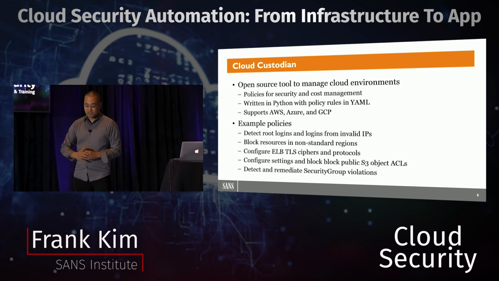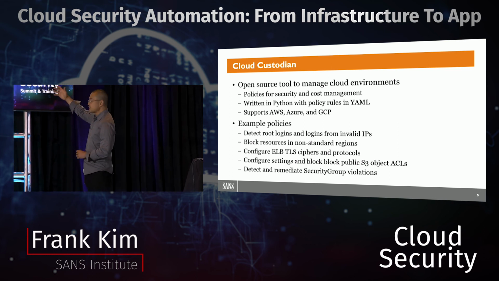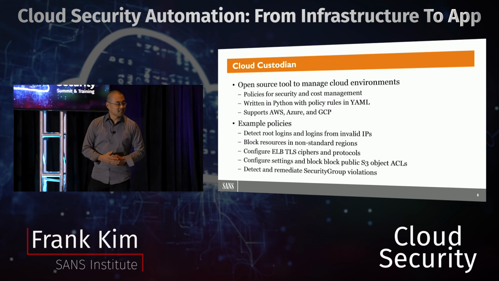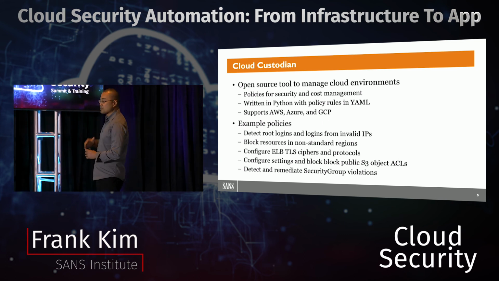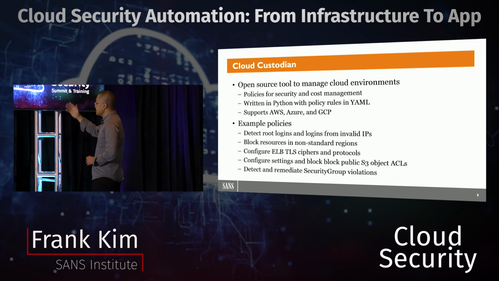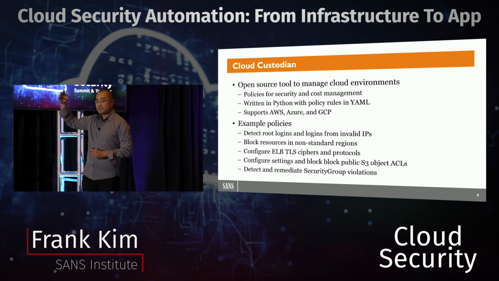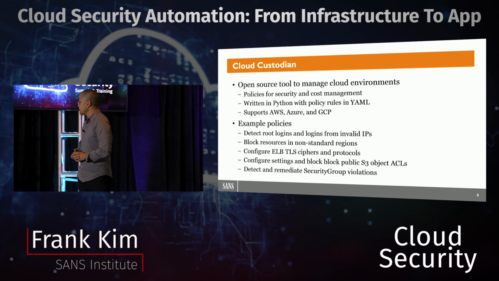Number 3, configuring your ELB, your Elastic Load Balancer, to make sure that it is using certain specific TLS, transport layer security ciphers and protocols, configuring specific settings to what Will mentioned earlier, blocking insecure S3 bucket configurations.